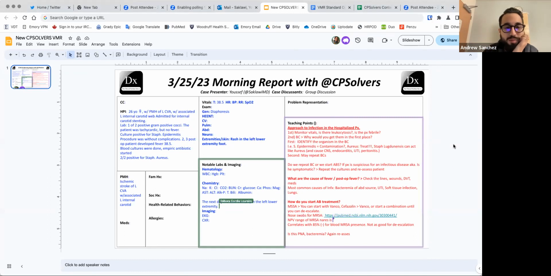But more commonly, the paper showed that purpuric lesions are actually the most common finding in infective endocarditis of any cause, more so than the eponymous ones like Janeway lesions and Osler's nodes, which I think are the painful ones. But just off the bat, that's concerning that this patient has endocarditis.